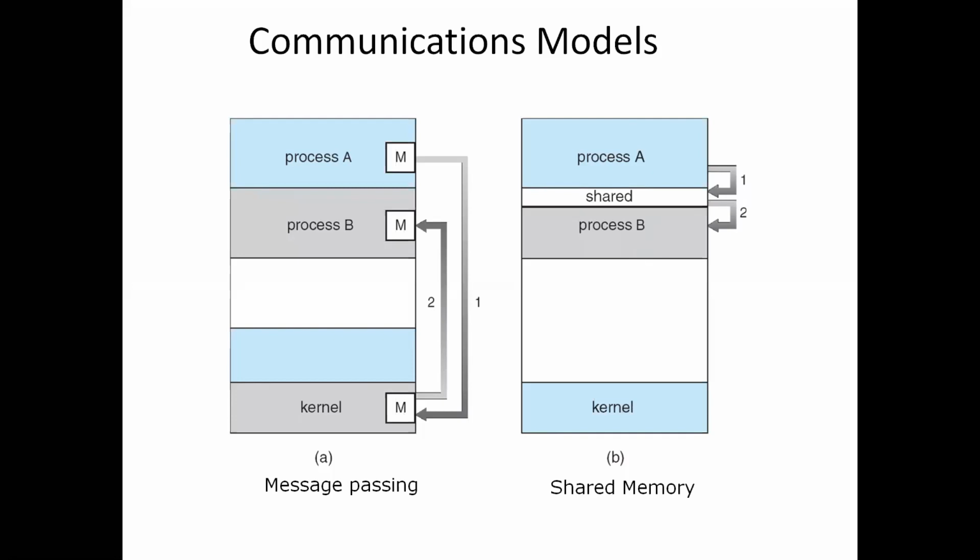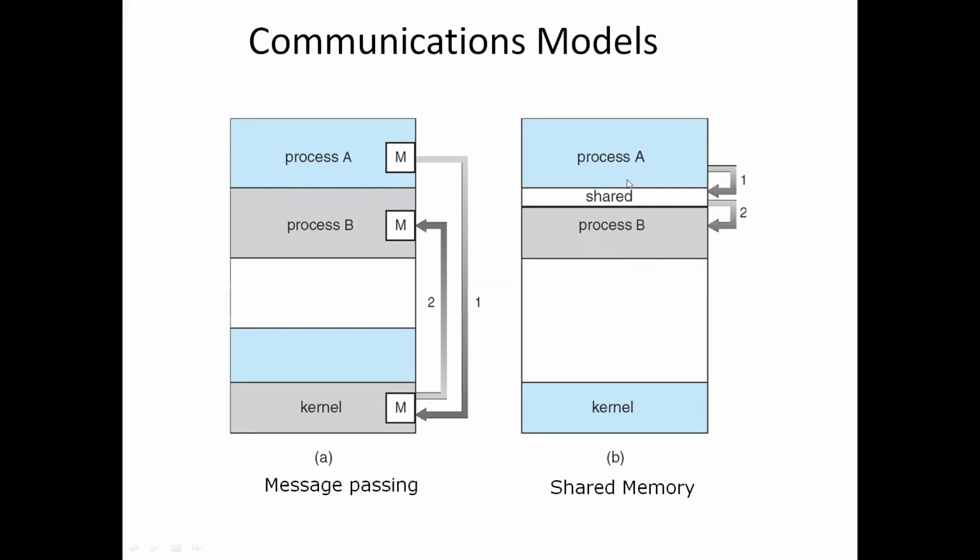Other processes that wish to communicate using the shared memory segment must attach it to their address space. Like if process B wants to communicate with process A, then process B also must attach that shared memory region to its address space.